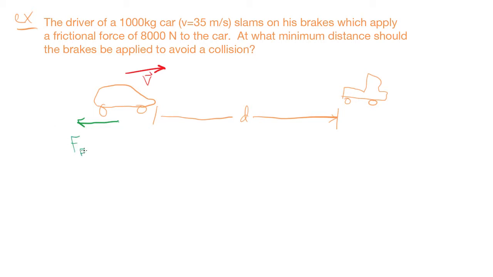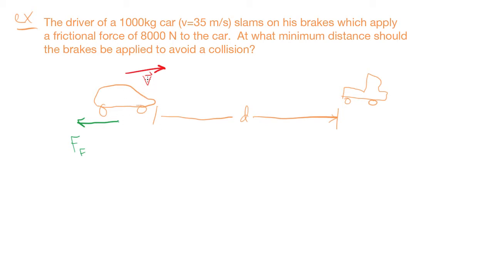All right, so even before I start the problem, I'm asking about the distance the brakes should be applied. I'm asking about that distance, but what do I know about the work done by friction? So friction is going to do some work in order to change the kinetic energy of the car. The initial energy of the car here is some value.